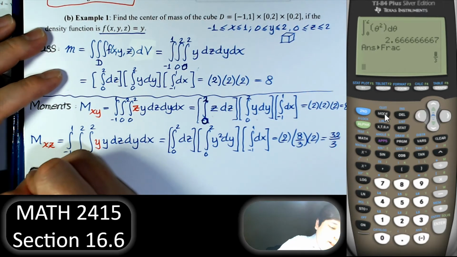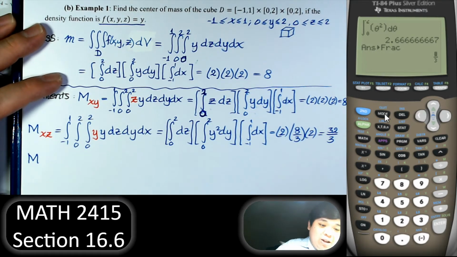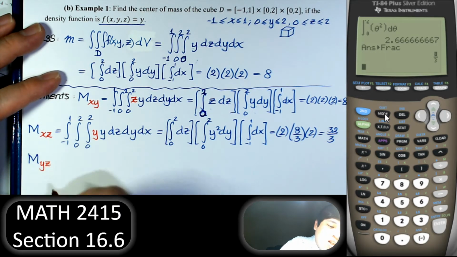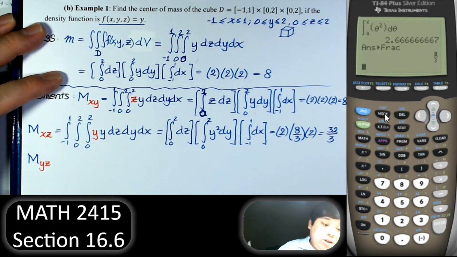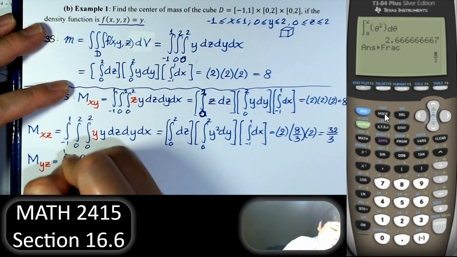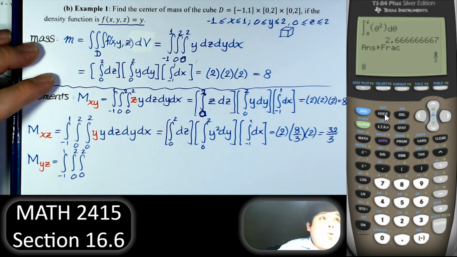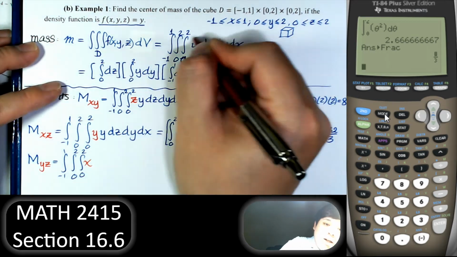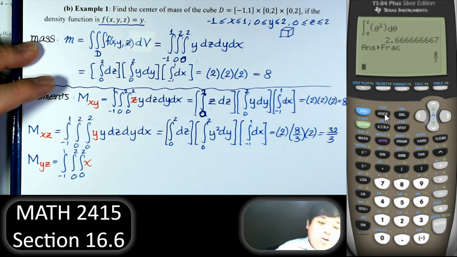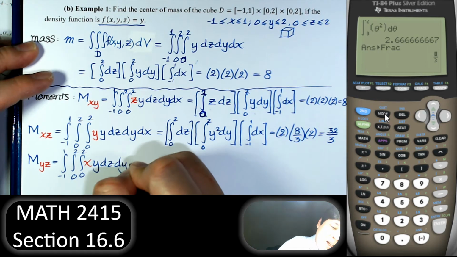Now the moment. Oh, this one's perfect. We have just enough space. With respect to the YZ plane, meaning we're going to stick an x to it. Integral -1 to 1, 0 to 2, 0 to 2. Now we will stick an x to the mass integral, y dz dy dx.